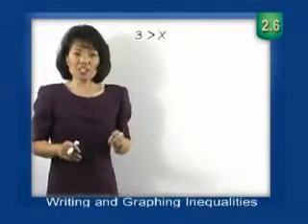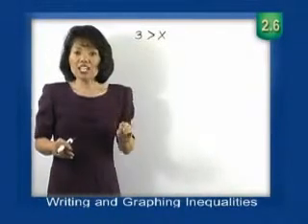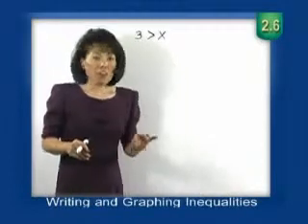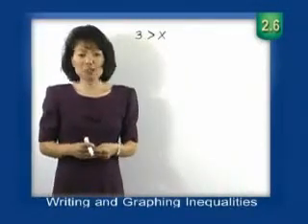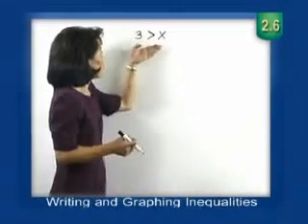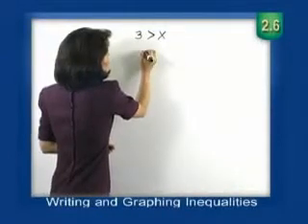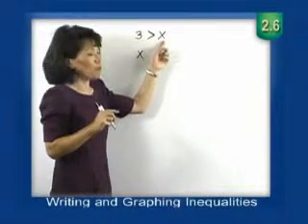So when I see the variable on the right hand side of the inequality, I personally like to have the variable on the left hand side, because for me it's easier to read or interpret. So when I see this problem, 3 is greater than x, I'm going to rewrite this as x, now reading from x.